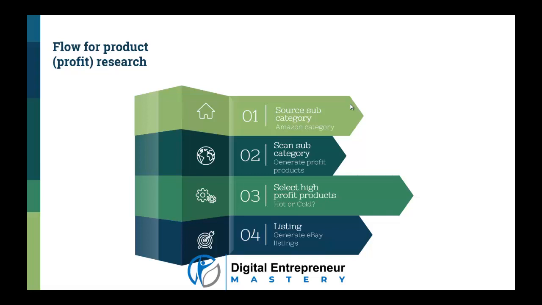Step number 3, we find these high profit products, and like mentioned, you can separate them into hot or cold depending on how many products you want to list, and we can just list them. And step number 4 is about generating the eBay listing for listing onto the eBay platform. So let's take a look.